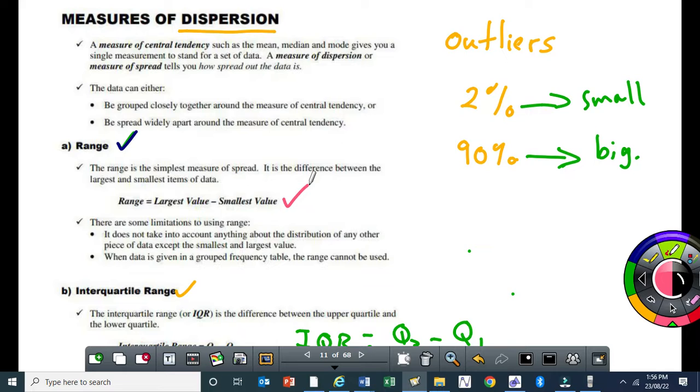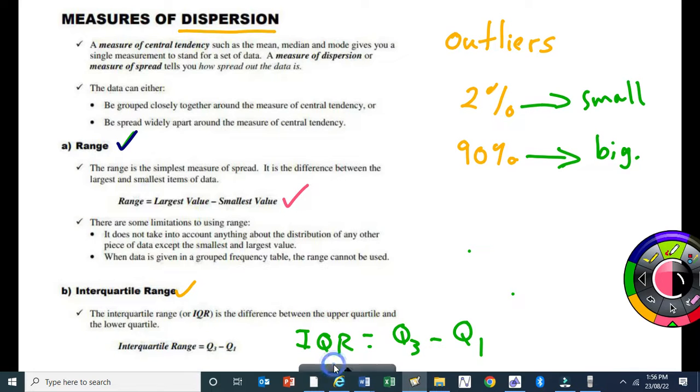So the interquartile range, IQR, is equal to the difference between the upper quartile and the lower quartile.